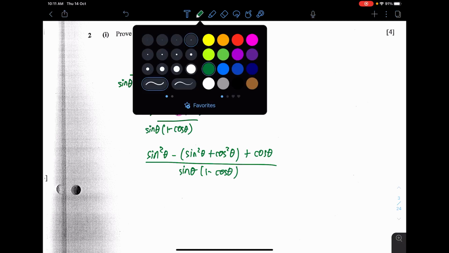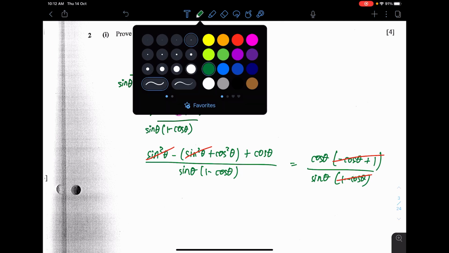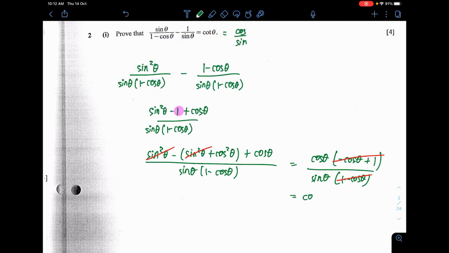Basically you're going to get sine square minus sine square, leaving us with negative cosine square plus cosine. I'll factorize the cosine, so then I got negative cosine theta plus 1. And as you can see, the denominator also has the same figure, and just cancel them off, resulting in cotangent theta.